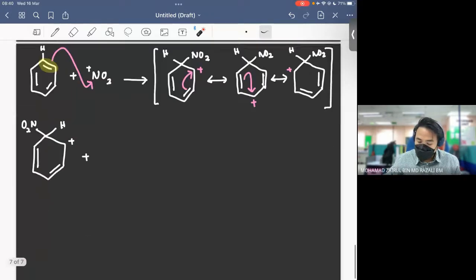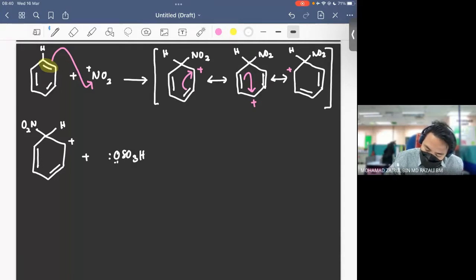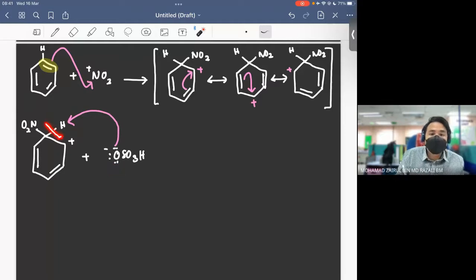So, sekarang ni untuk regenerate balik jadi H2SO4, okay, yang ini kan yang terhasil tadi kan. So dia nak lagi satu hidrogen baru boleh H2SO4 tu regenerate. So dia boleh donate a pair of electron, dia tarik satu hidrogen dari sini. So sebelum hidrogen ini boleh berpindah dekat sini, dia kena break dulu, dia kena separate dulu daripada ring.